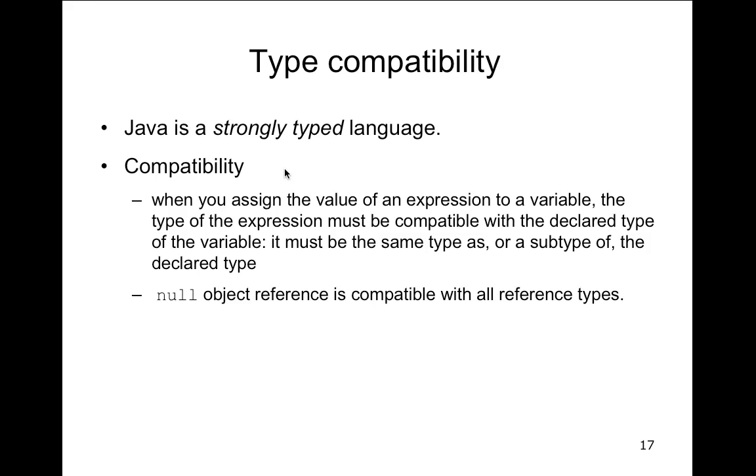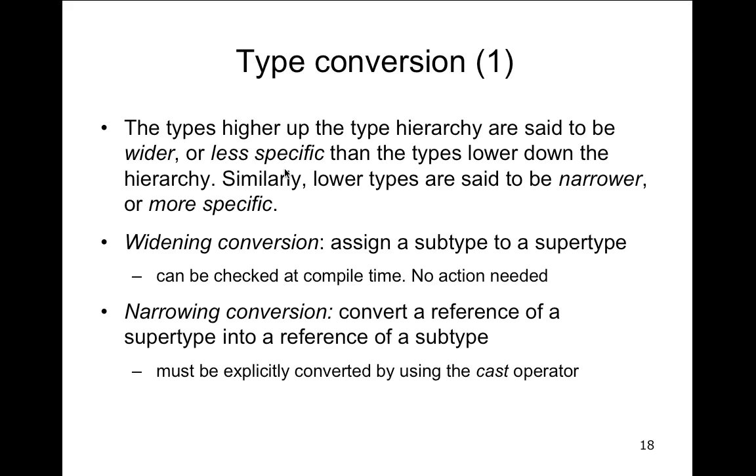So this applies to variables and to objects. And then we have null, which is an object reference, and is compatible with all reference types. We'll see some examples of that. In fact, the next time I show you an example, I'll put one together that uses null and compares object types, which might be interesting to see hands-on.